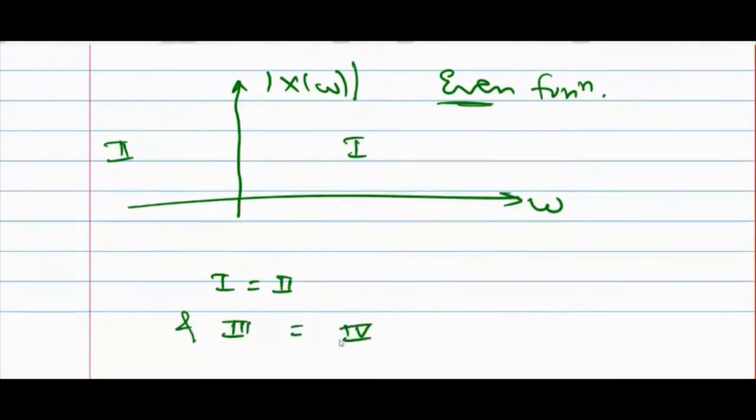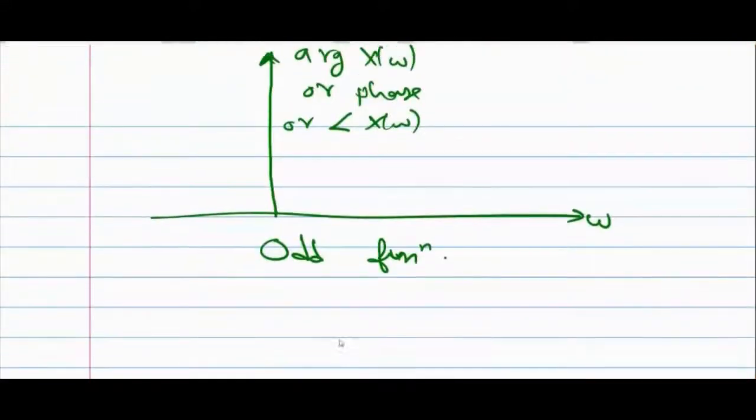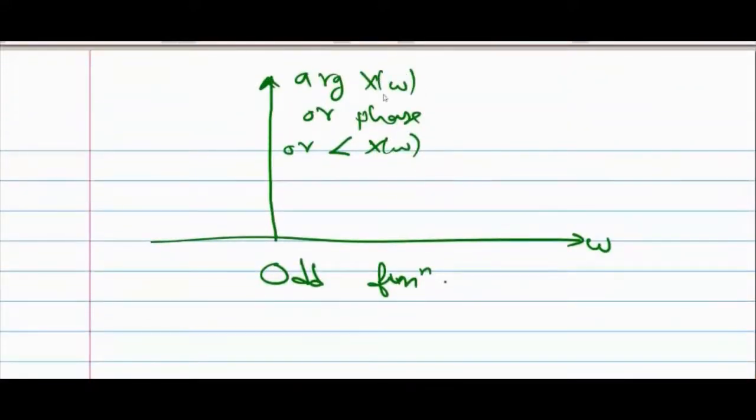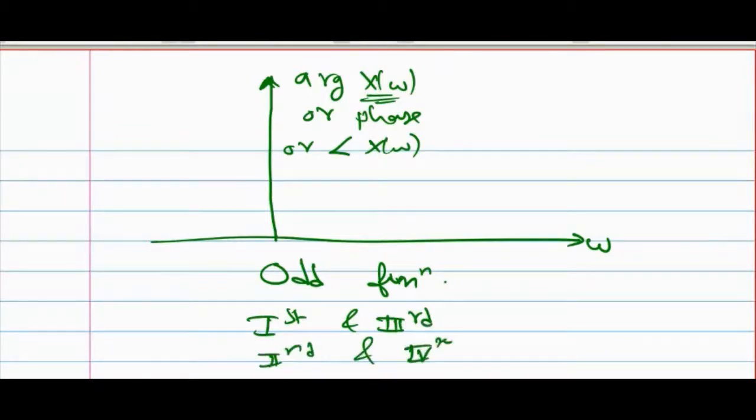If you plot the phase spectrum of any x of omega, that phase spectrum will be an odd function. That means symmetry will be in the first and third quadrant, second and fourth quadrant.